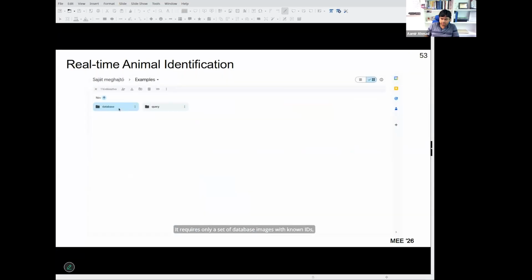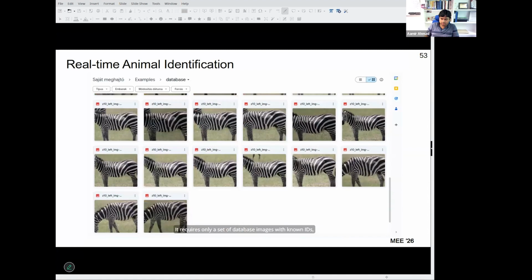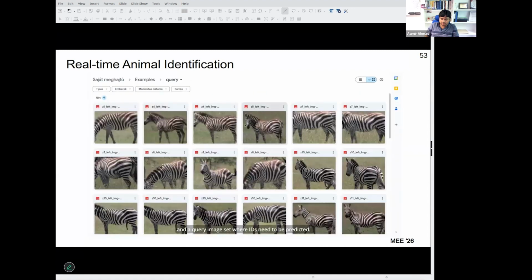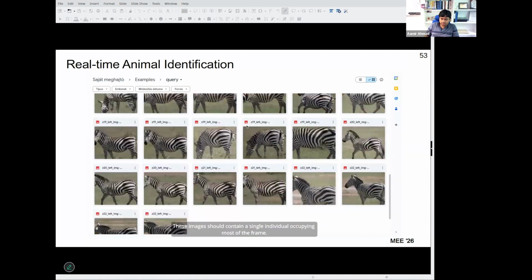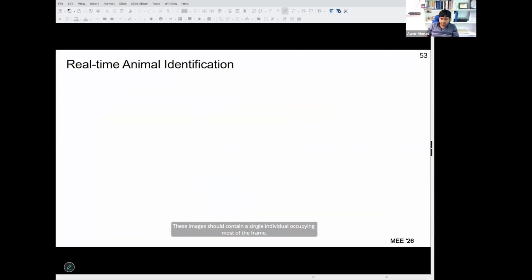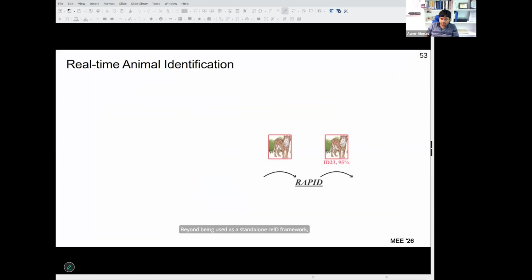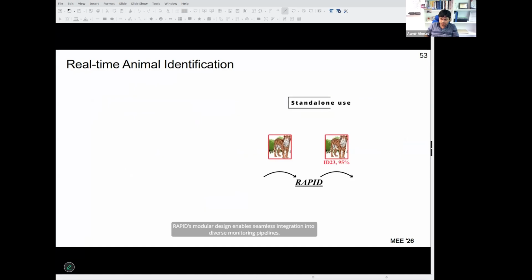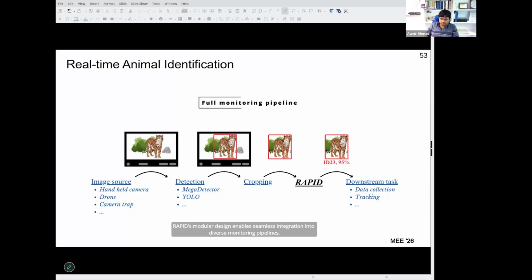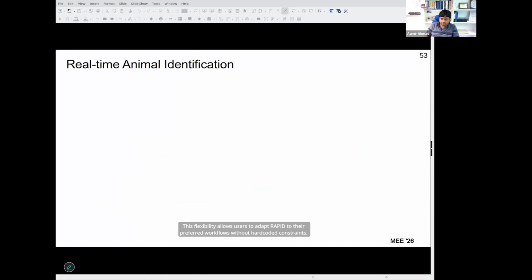It requires only a set of database images with known IDs and a query image set where IDs need to be predicted. These images should contain a single individual occupying most of the frame. Beyond being used as a standalone re-ID framework, RAPID's modular design enables seamless integration into diverse monitoring pipelines, as it does not include detection, cropping, or video frame selection components. This flexibility allows users to adapt RAPID to their preferred workflows without hard-coded constraints.